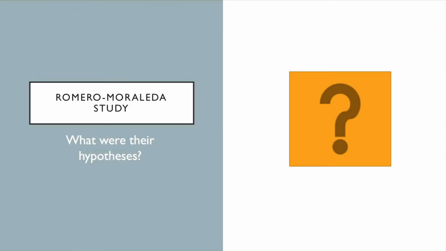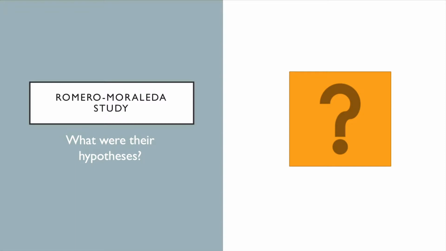A good quality study will make the hypotheses very obvious, even though they may not specifically, explicitly state this is our hypothesis. In the study that we've read for this assignment, or for this presentation, examining foam roller types, what were their hypotheses? Looking at their study, you've identified their variables and so on, but what specifically was their hypothesis?